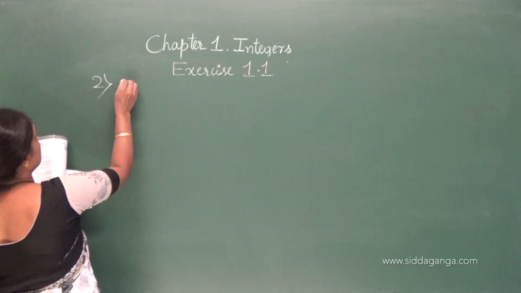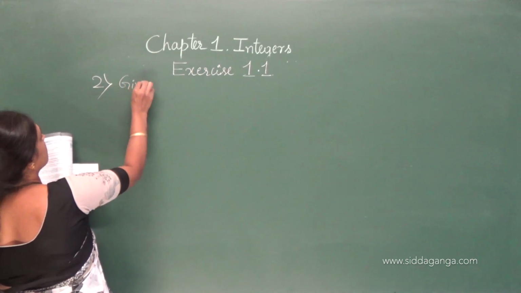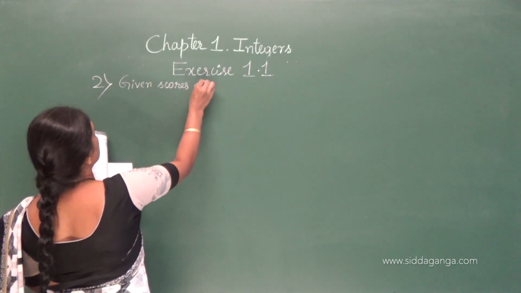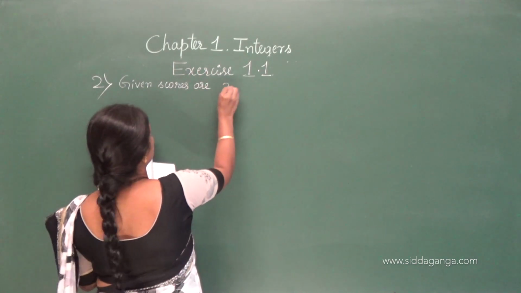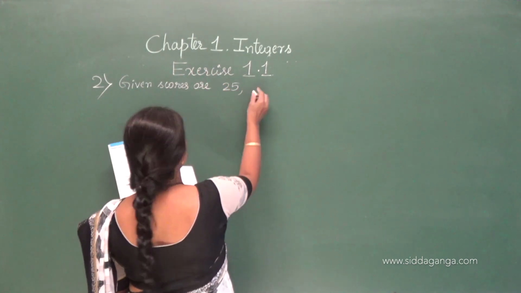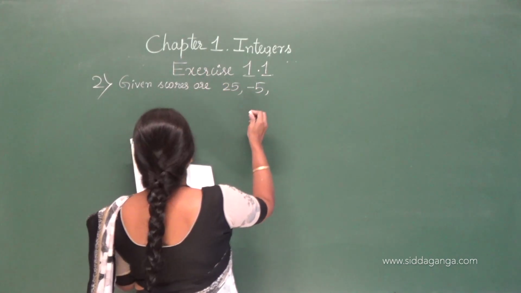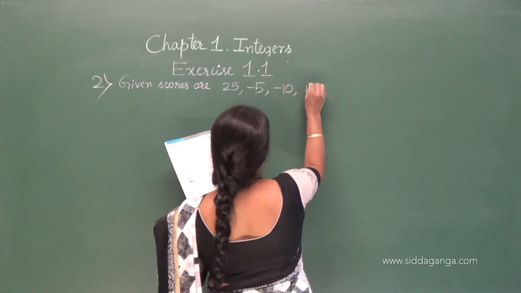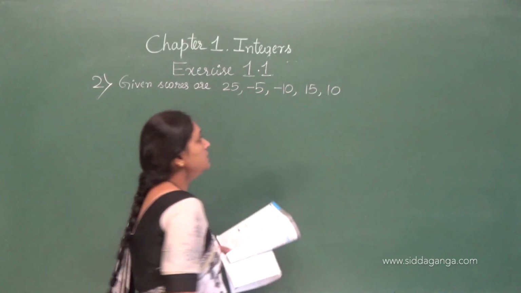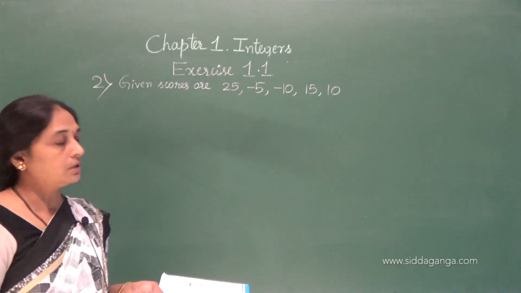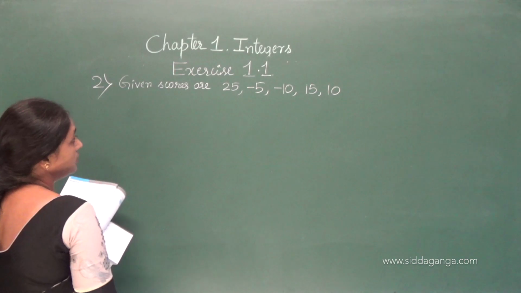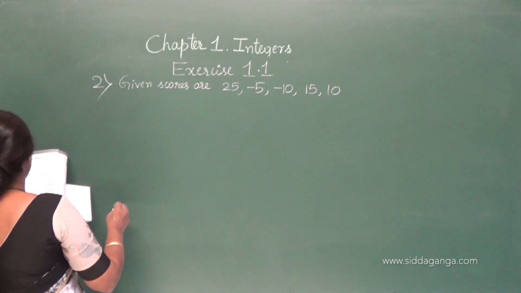The scores given are 25, -5, -10, 15 and 10. These are the marks scored by Jack in 5 rounds of a quiz.